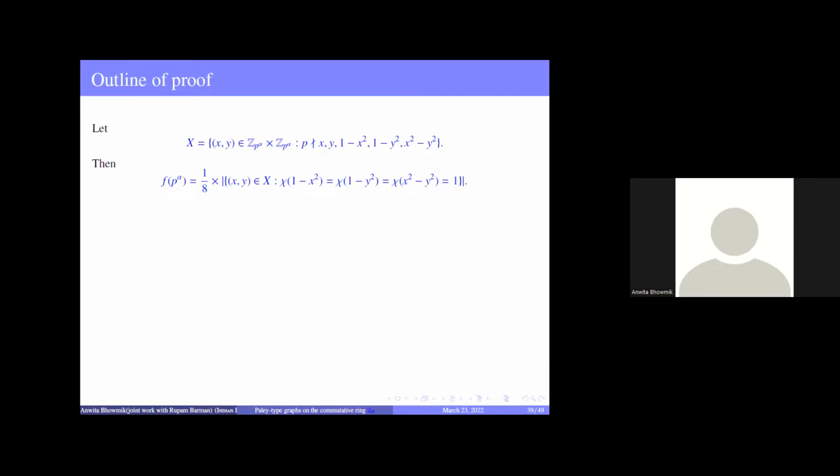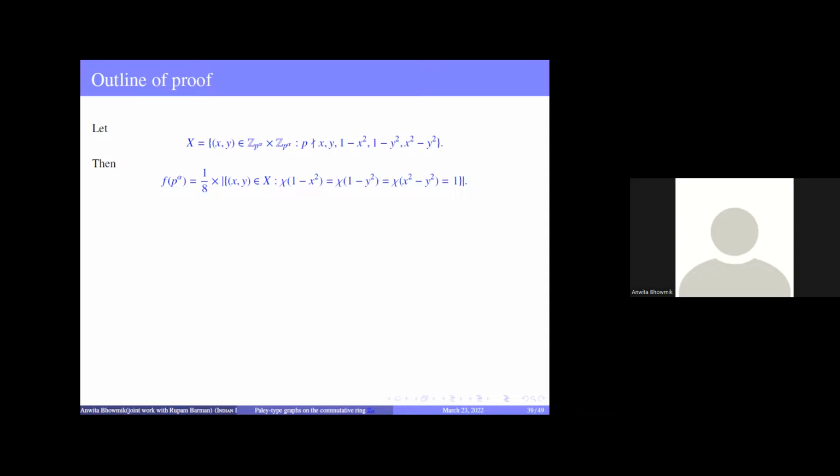This is because if I take any coordinate pair x, y, then plus minus x, plus minus y will also give me the same result. Also, if instead of x, y I take the pair y, x, that will also give me the same result, the same triangle.